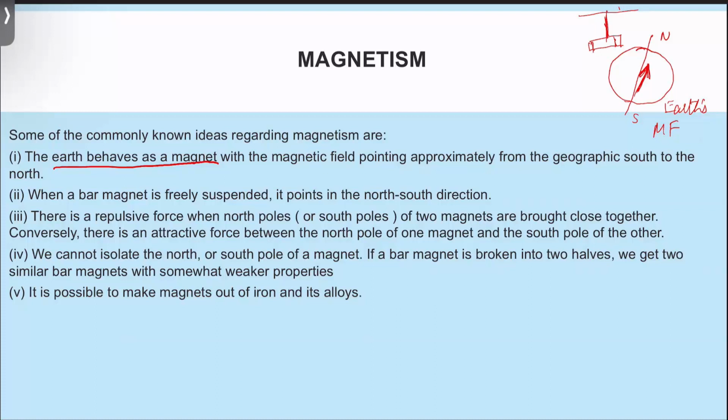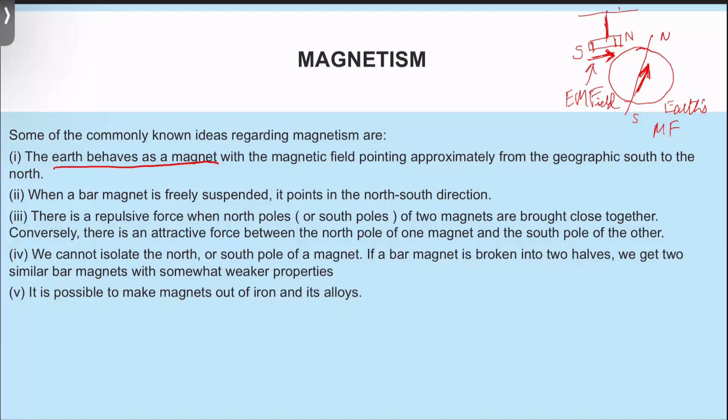So suppose this is suspended, this will try to act as the north and this is the south. This will be in line with the Earth's magnetic field. Over here, don't get confused with the EMF. This means the Earth's magnetic field.